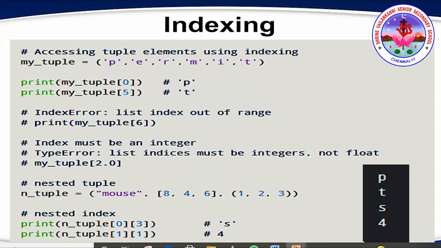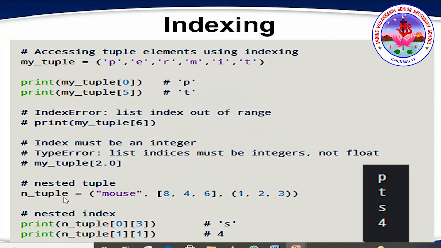Here it is P. Print my_tuple of 5. So 5 is 0, 1, 2, 3, 4, 5, so T is printed. Next, when we try to print my_tuple of 6, what happens? The maximum index is 5. Upper bound is 5, so 6 is not possible. So an error is thrown.